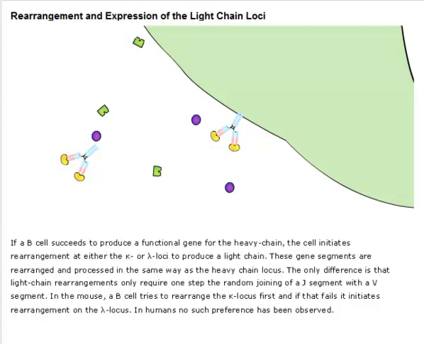Within the mouse system, if you're looking at the light chain loci, the kappa or the lambda loci, the mouse will try to rearrange the kappa locus first, and if that fails to recognize the antigen properly, it can initiate rearrangement on the lambda locus and make antibodies that are specific for that antigen in that fashion. Within humans, no such preference for the kappa versus the lambda locus has been described yet.